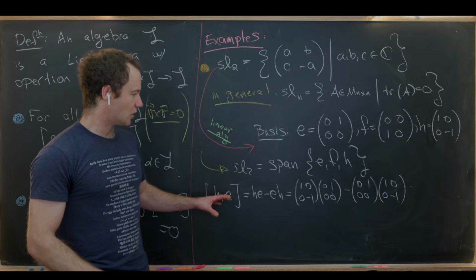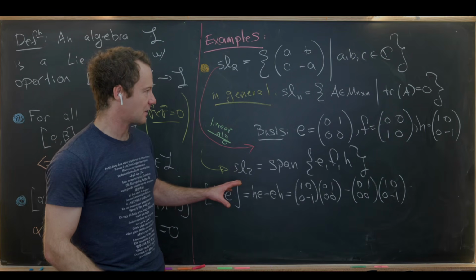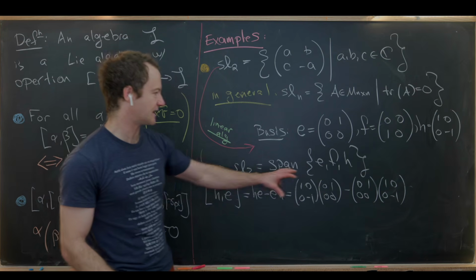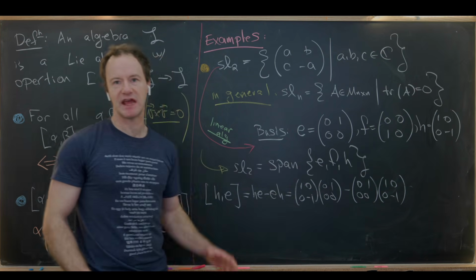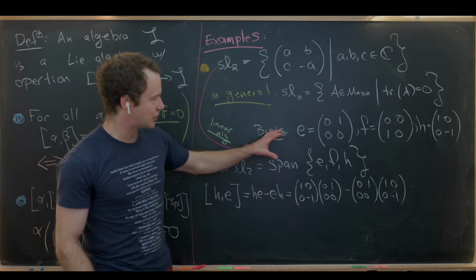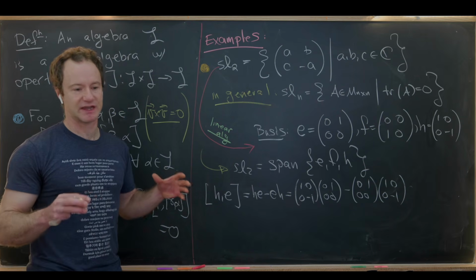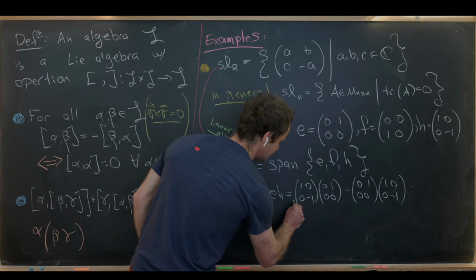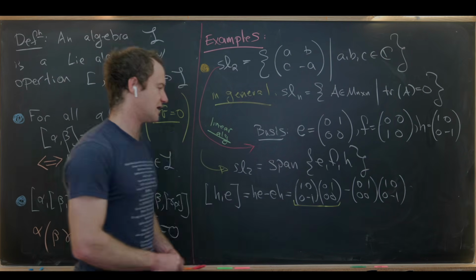Okay, so I'm claiming that this algebra is going to be closed under this operation. So this should be a linear combination of things from E, F, and H. So we should try to write it that way. And of course, I've chosen this basis so that this multiplication happens as nicely as possible. So let's do this matrix multiplication right here.